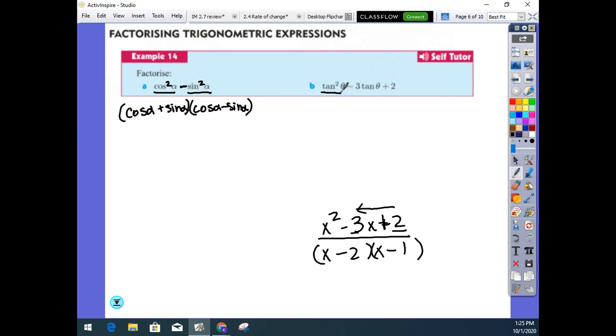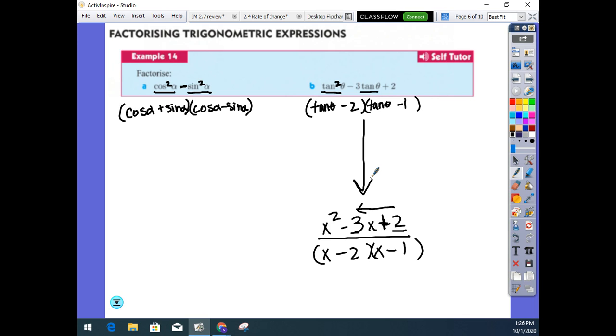This is the same process, it's just your variable is tangent. So we do 2 parentheses, we just break apart tan squared into tan theta, minus 2, minus 1. See how it's the exact same thing using x's?